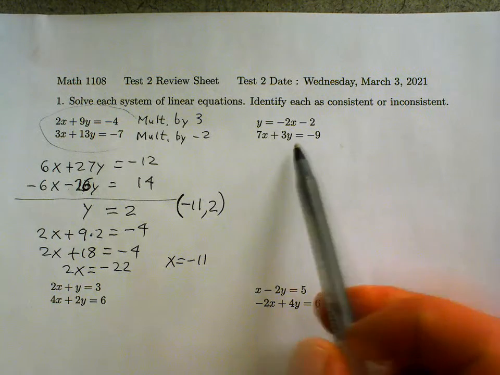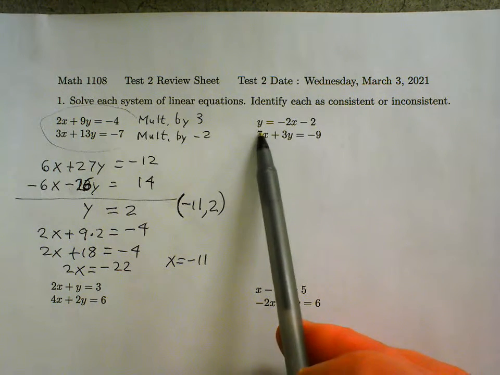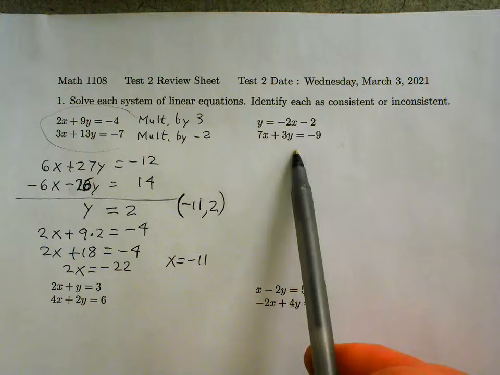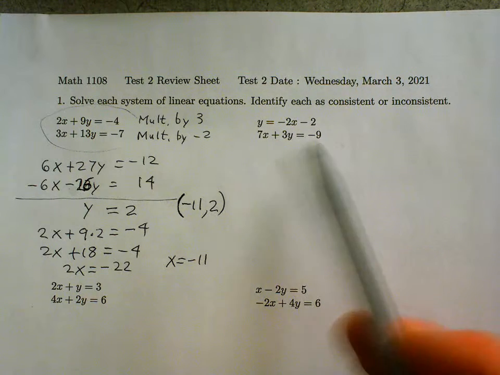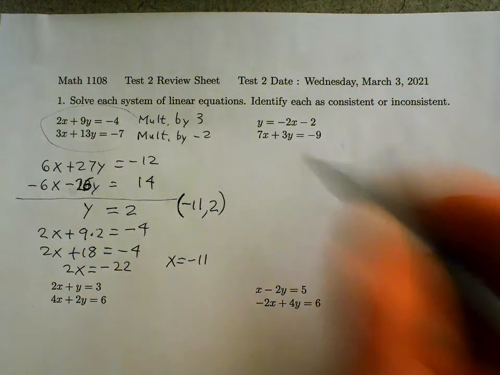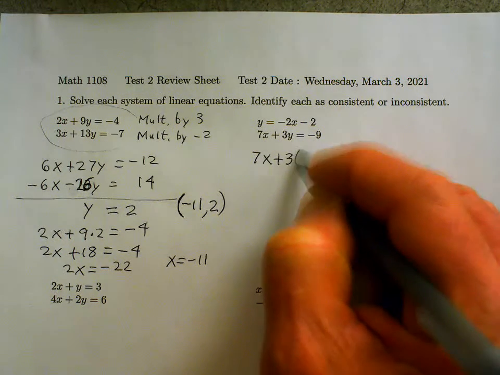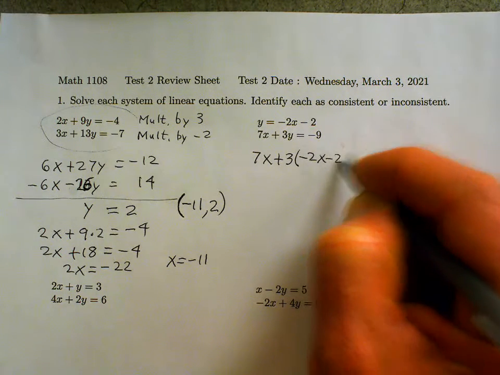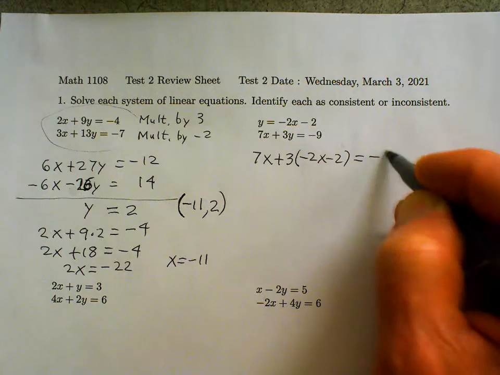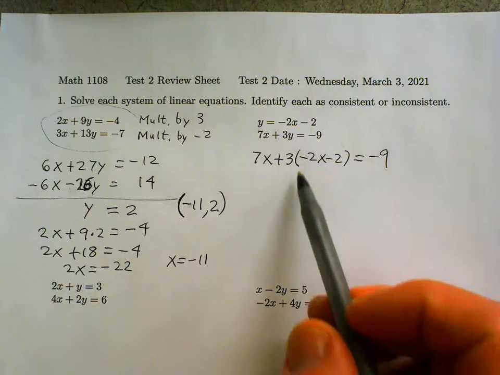For the system on the right, this is all set up to use substitution. The top equation, y equals -2x minus 2. So in the bottom equation, replace y with -2x minus 2. And then we'll do algebra and arithmetic.